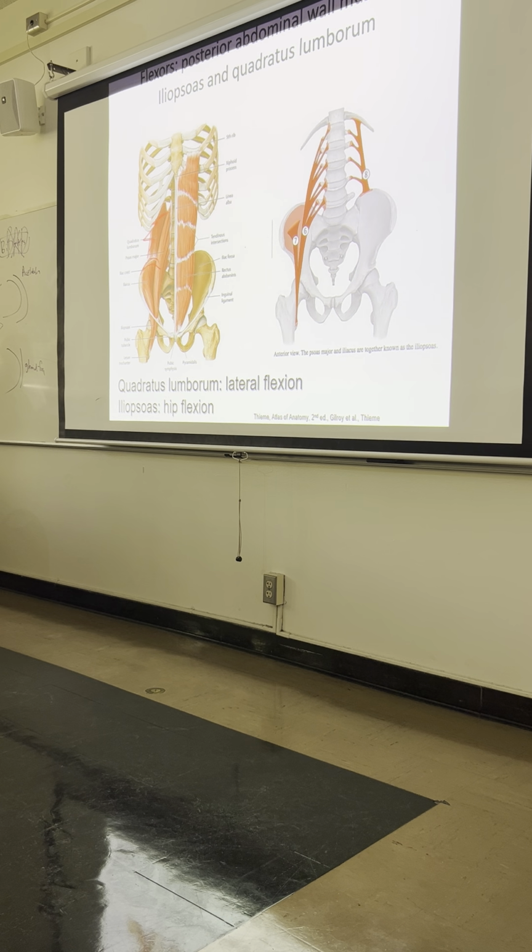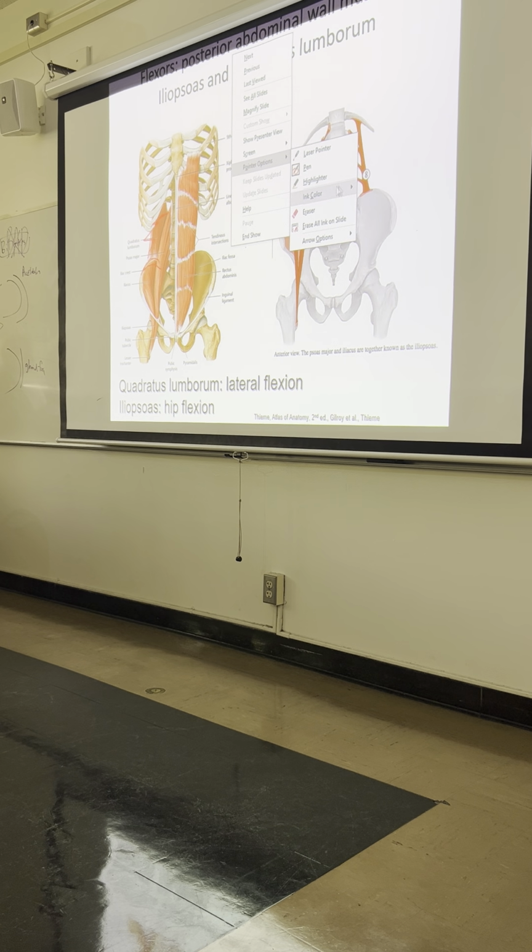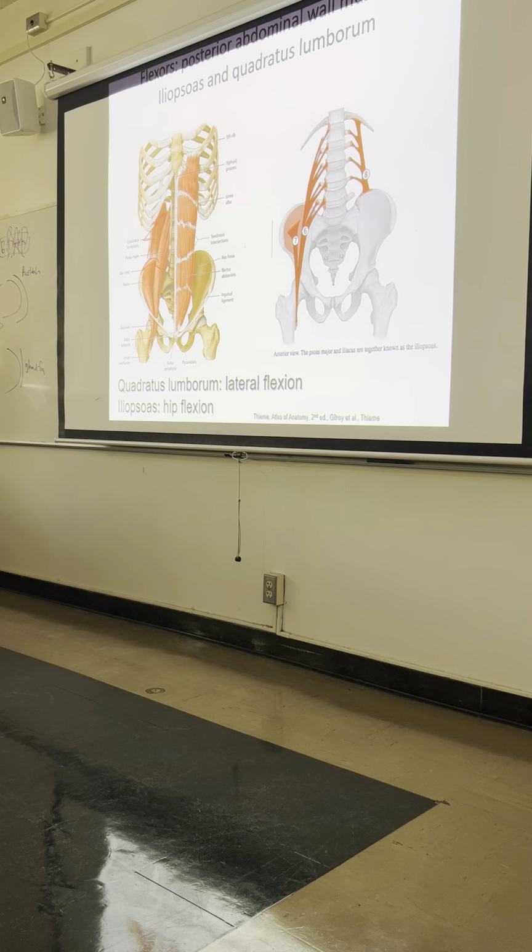Iliopsoas has really two parts. It's got a part running off the fossa of the ilium, so right here, and a part running off the lumbar vertebrae. That's the psoas part.